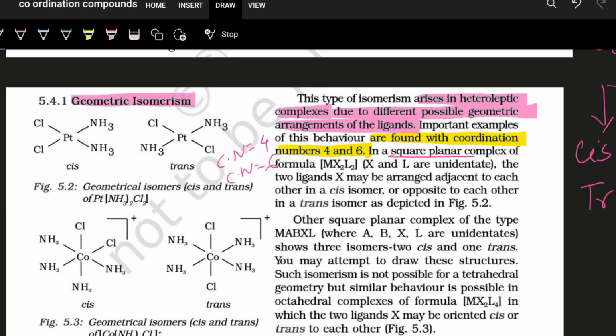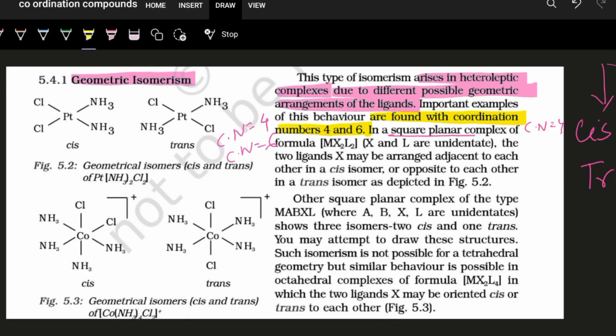Square planar complex means coordination number equal to 4, having the formula MX2L2, where X and L are unidentate ligands. X is one type of ligand, and L is another type of ligand.